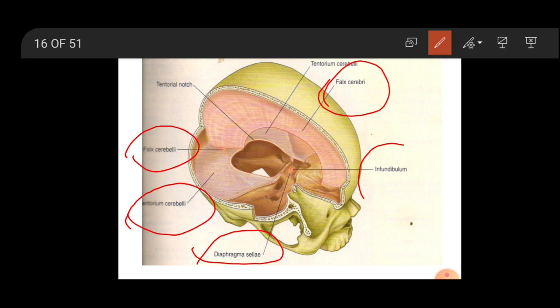So these are the 4 dural folds we discussed so far. Falx cerebri is sickle shaped, falx cerebelli is again sickle shaped, and tentorium cerebelli is tent shaped.